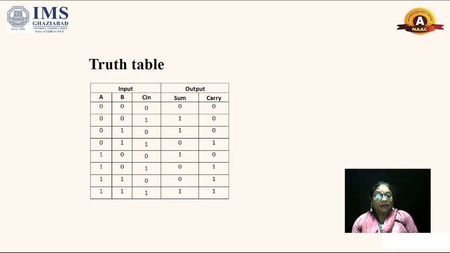If we add 1 plus 0 plus 1, the sum will be 0 and the carry will be 1. Again, 1 plus 1 plus 0 is the same condition, adding two numbers, so the sum is 0 and carry is 1. Now the last case is 1 plus 1 plus 1. Here the sum will be 1 and the carry will be 1.